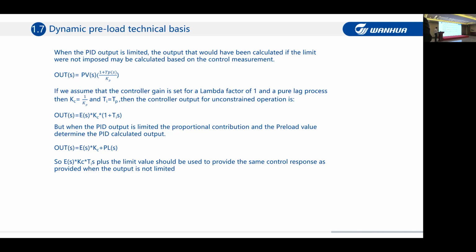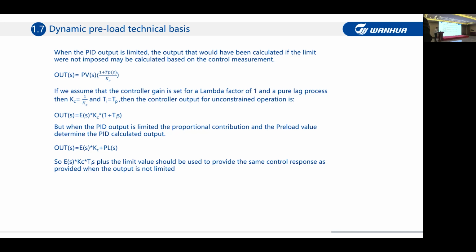Then we assume the controller gain is set with a lambda factor of 1 and a pure first order process, as in lambda tuning.